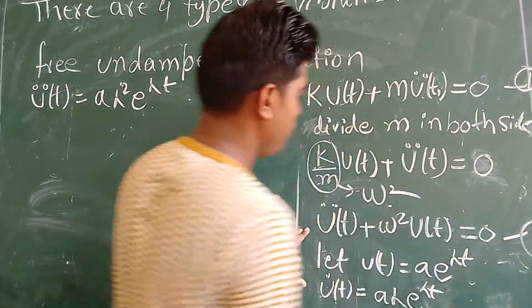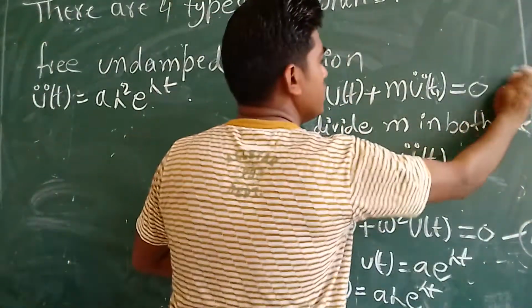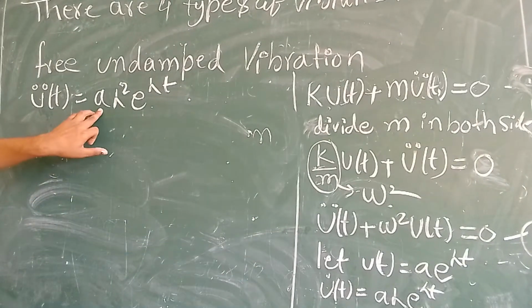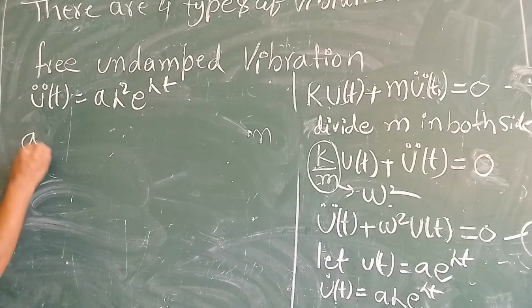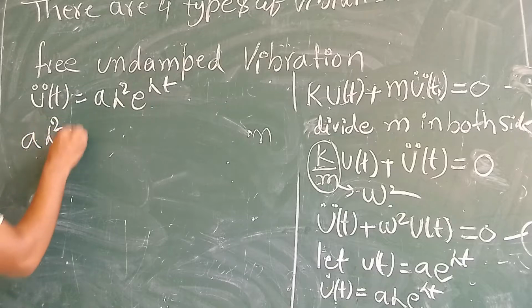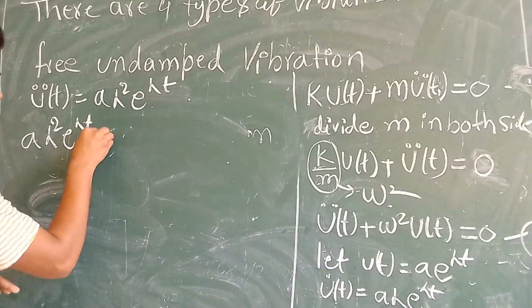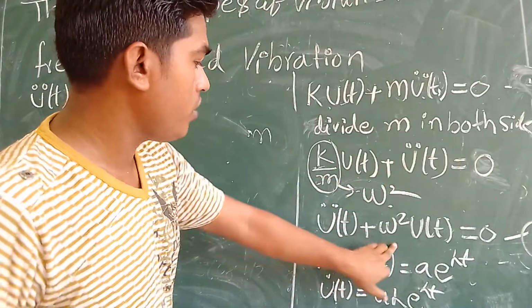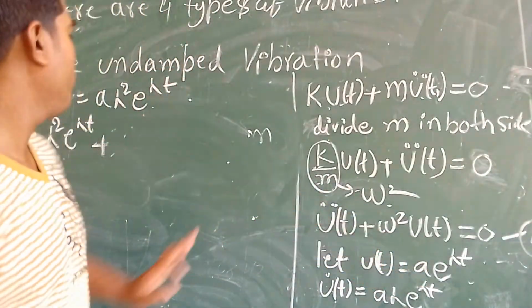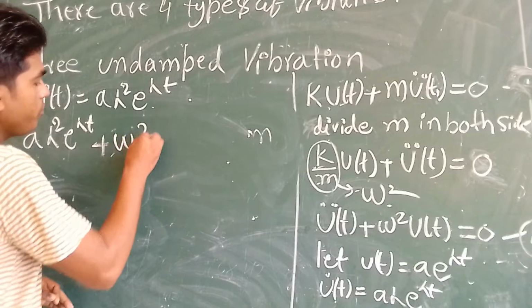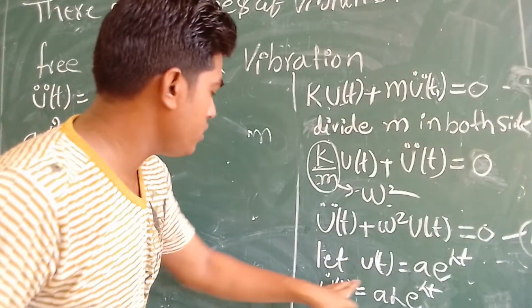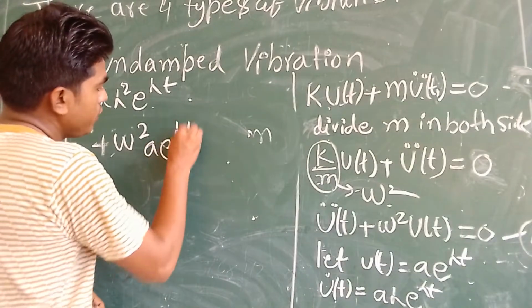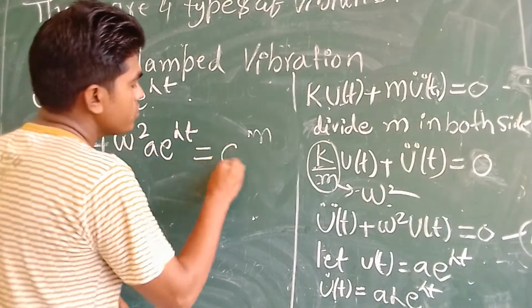So in equation 1, put this: A lambda square e to the power lambda t plus omega square into A e to the power lambda t is equal to 0.